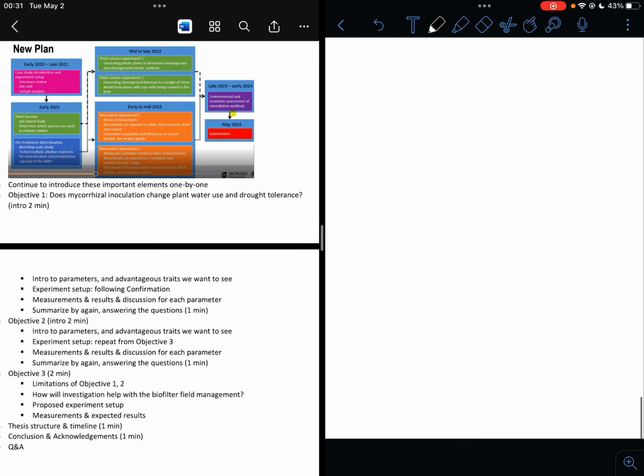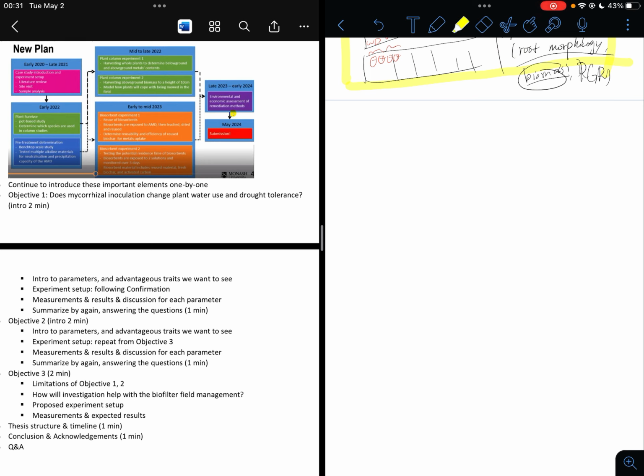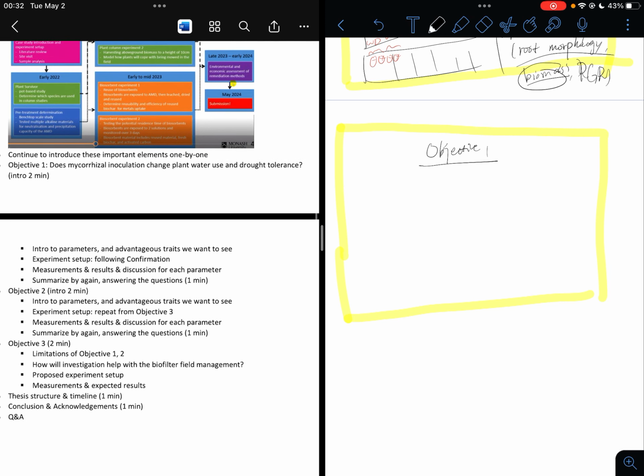So I think it really needs to speed up. For objective 1, you can continue and follow the same trick: you introduce the parameters and the advantageous traits.